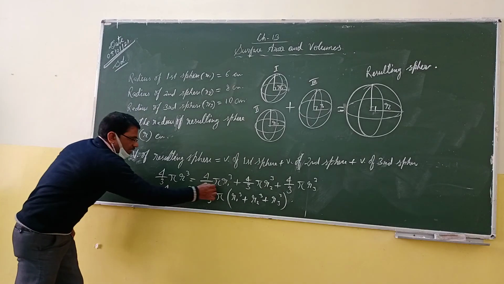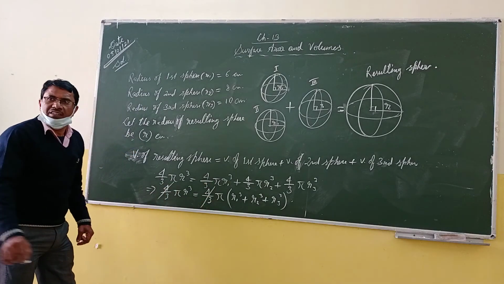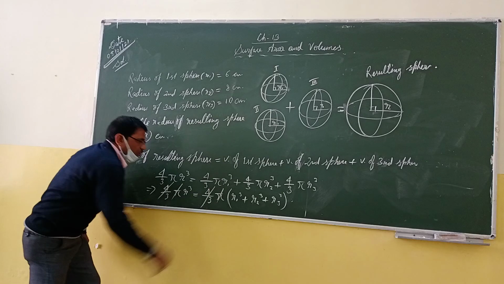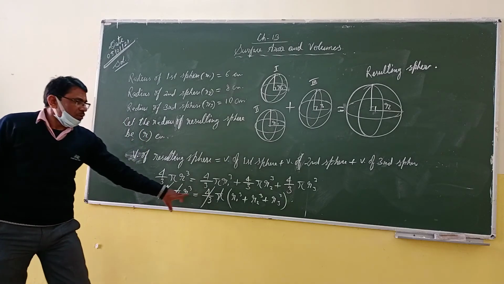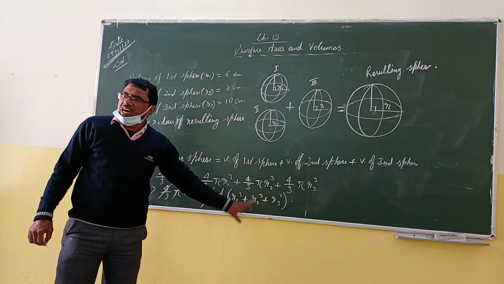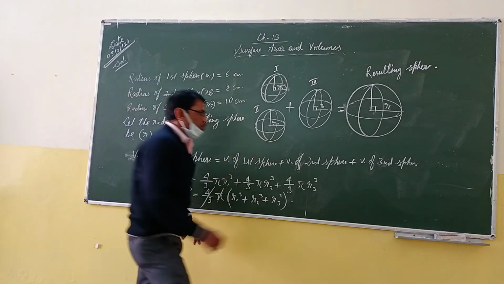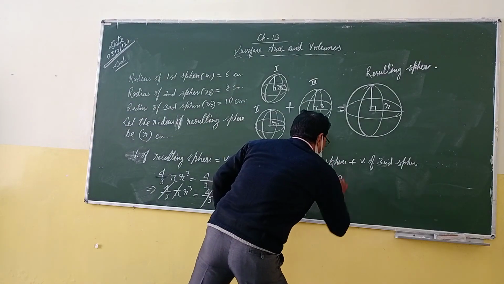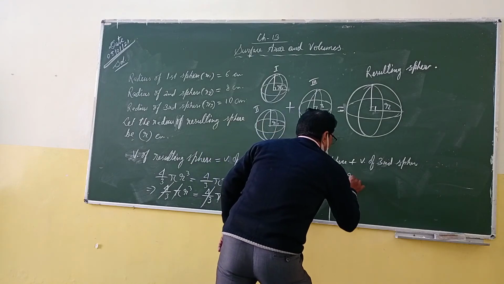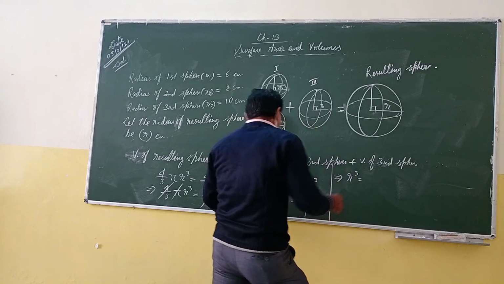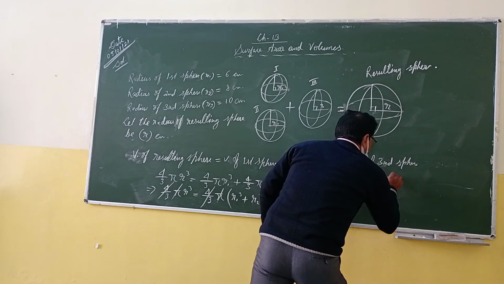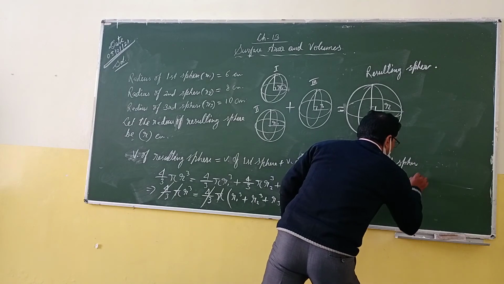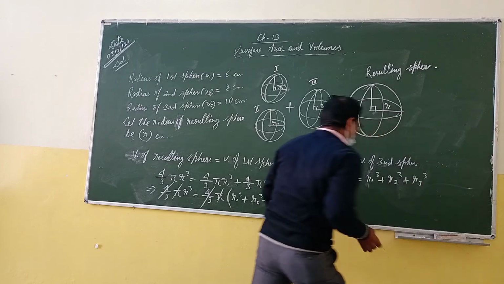Now students, 4 by 3 and 4 by 3 cancel. Pi and pi also cancel. So directly we are getting R cube is equal to R1 cube plus R2 cube plus R3 cube.